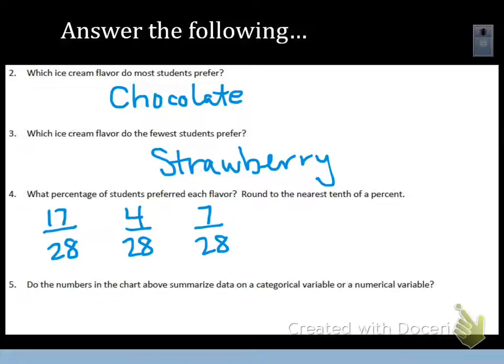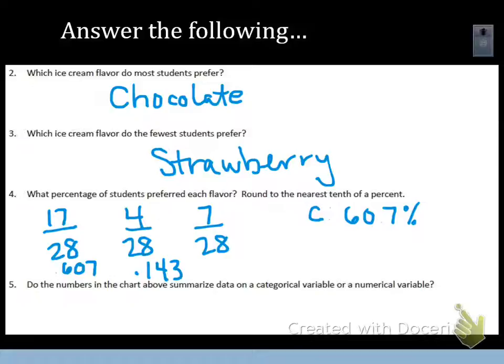So on a calculator, I would take 17 divided by 28 and I get 0.607. Okay, so that means that the students that prefer chocolate, that is about 60.7%. Okay, on a calculator, if I take 4 divided by 28, I get 0.143.